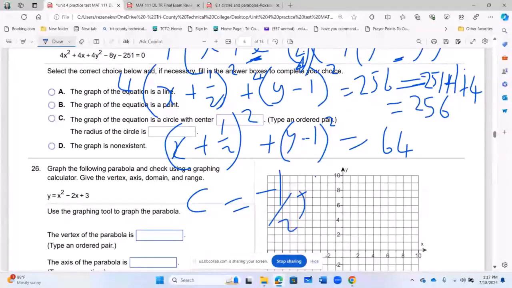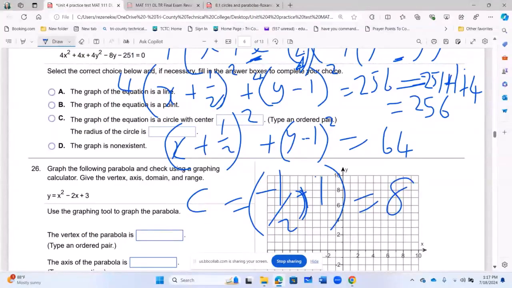Hope you agree. If you don't agree, let me know. The square root of 64 is 8. So this is a circle of radius 8 and center (-1/2, 1).